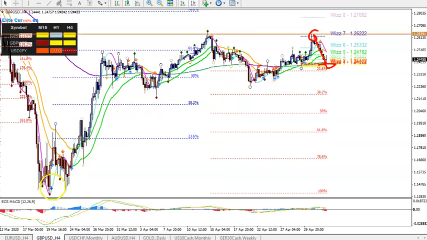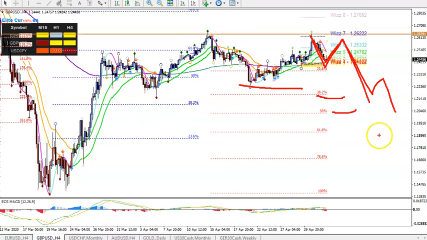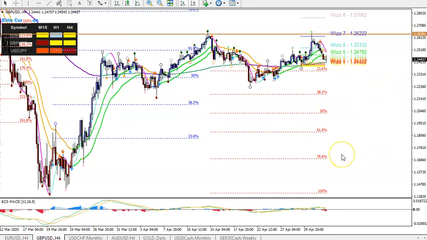So we see, for instance, 5 waves here. So I think that this is time for correction, and price could go down to the previous bottom, or maybe to 38, or even perhaps to 50 fib. So A, B, C, or 1, 2, 3, 4, 5 seems likely. Bearish pressure for the moment, I think, very likely and possible.